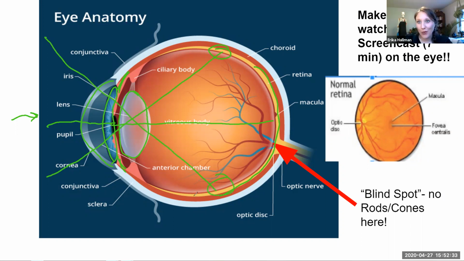But if you think about the way that we as mammals adapted, whenever we hear a loud noise or whenever we're trying to look at something and we're trying to really focus on it, we always look at that object head on. And that's because the concentration of rods and cones are really at their maximum in this area here. So we see the maximum amount of detail if we look at something head on.